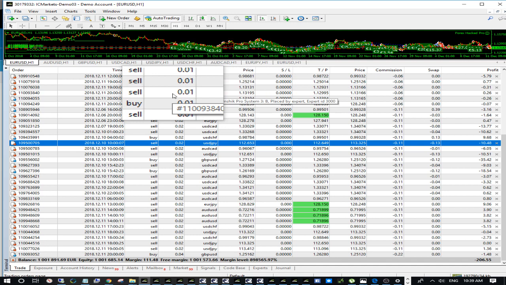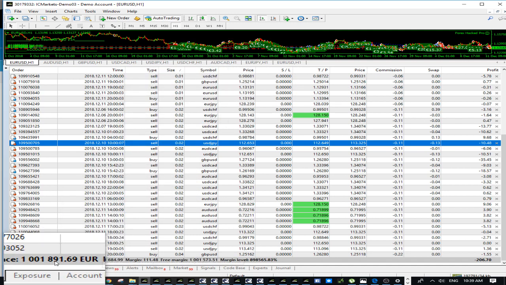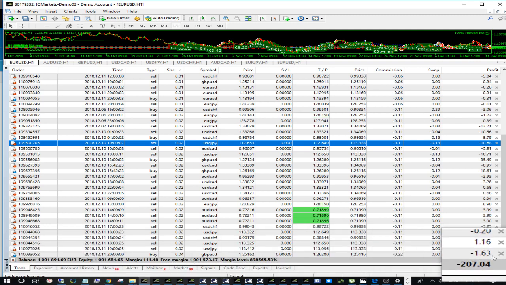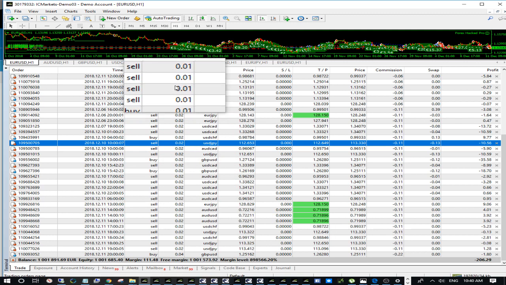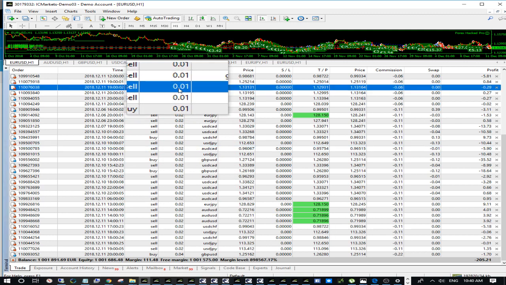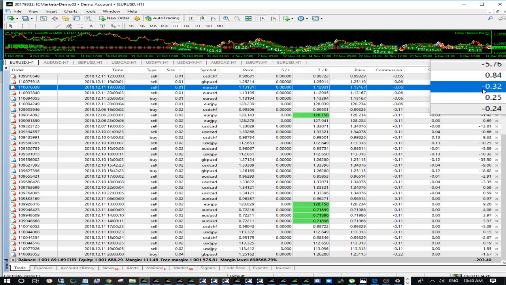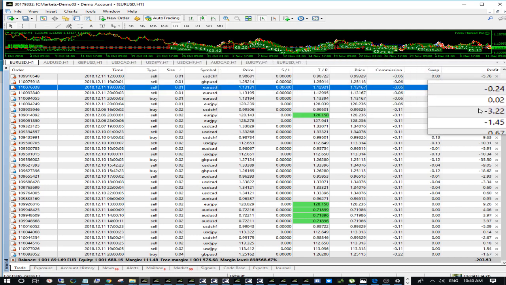Now we can see at the left down that currently we are up in profit 1891 euros, and we have a drawdown of about 207 euros. We can see that all of the systems start with a 0.01. If you don't understand, just imagine that it's about these kinds of profits.